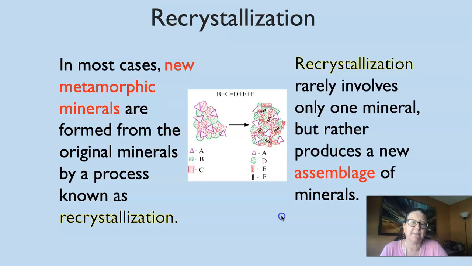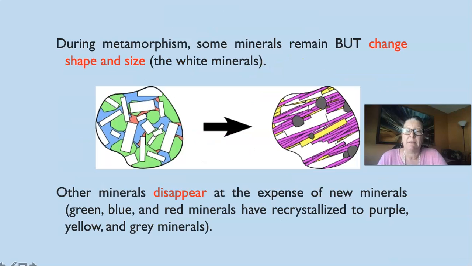Recrystallization rarely involves a single mineral. It generally involves a host of minerals that form in the new pressure temperature conditions, and that's what's called an assemblage. So the D, E, F minerals represent a particular mineral assemblage. As I mentioned with mineral A in the previous slide, sometimes the minerals remain, sometimes they actually can change their shape and size.